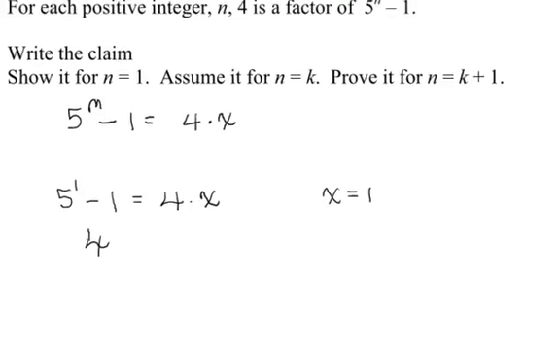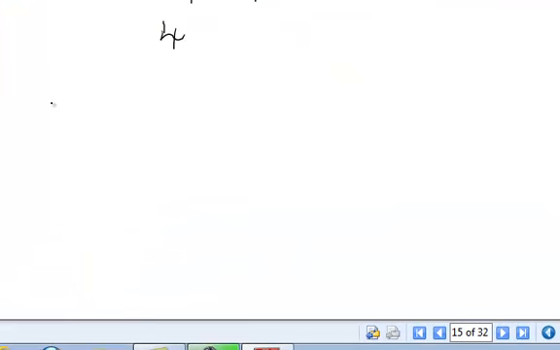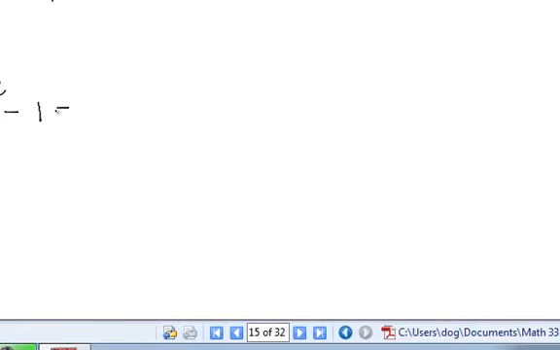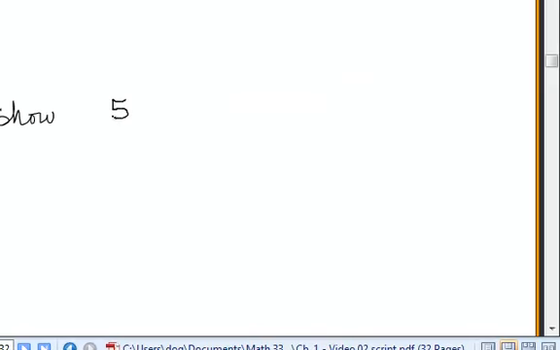Now, what's my induction hypothesis? 5 to the k minus 1 equals 4 times some number. Now, I'm not going to call it x. I'm going to say times y. And then I have to show that 5 to the k plus 1 minus 1 equals 4 times some other number entirely. But 4, if you factored it to primes, 4 is a factor.